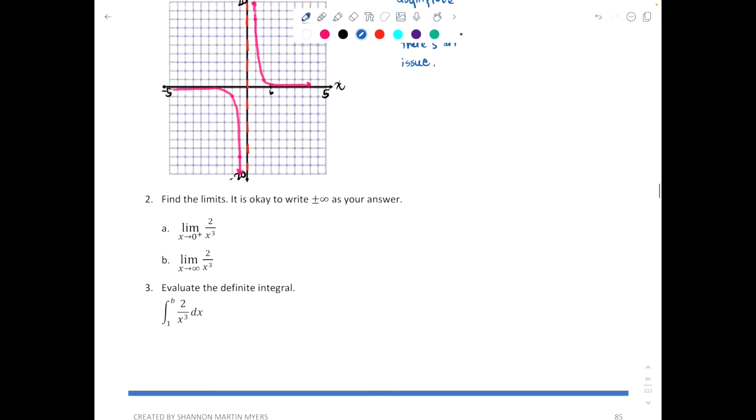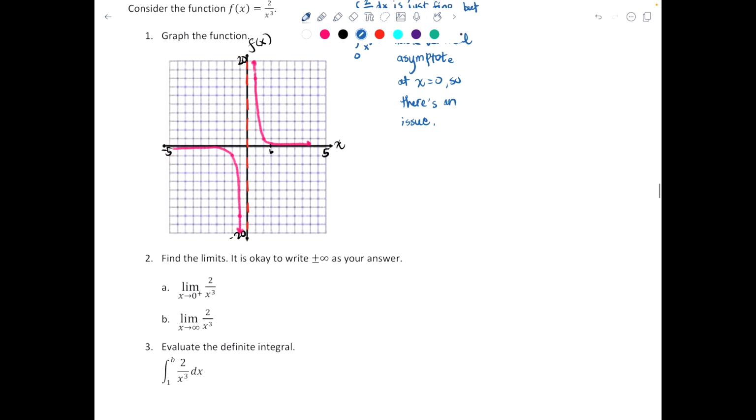Let's find the limits. For this case, it's okay. We just want to see where this graph is going. So if you get an infinite result, you can write positive or negative infinity. So let's take a look. Looking at our graph, as x is approaching 0 from the right side, and you trace your graph, what's happening? Do you see how it's increasing without bound, right?